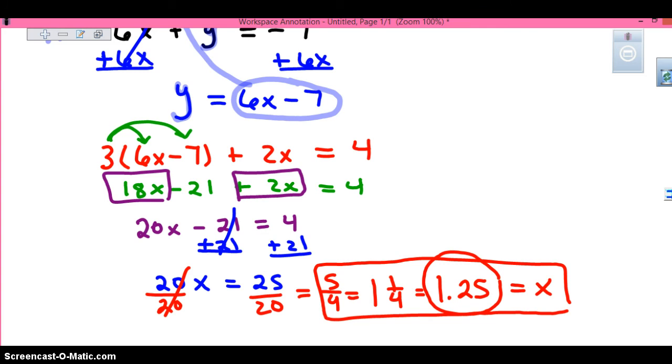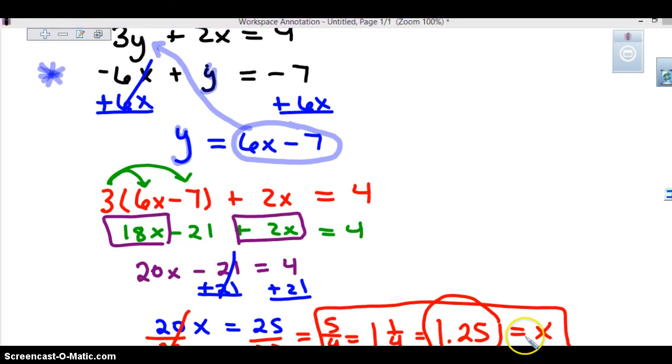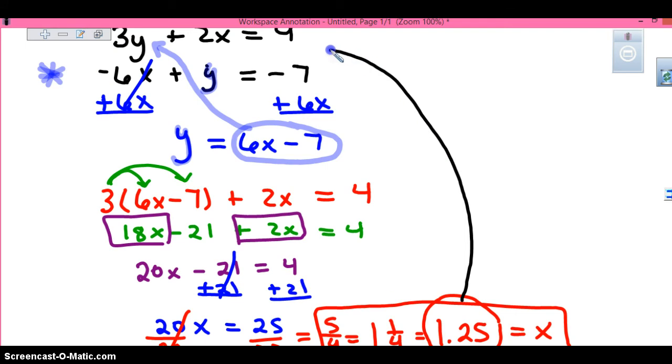Now that I found my x, I need to go back and substitute into my equation to find y. I would take this x and substitute it in here to find y.